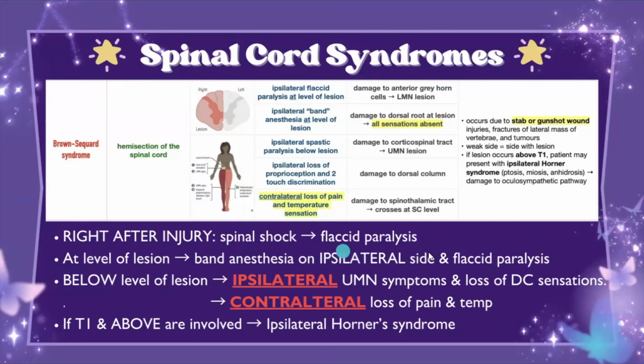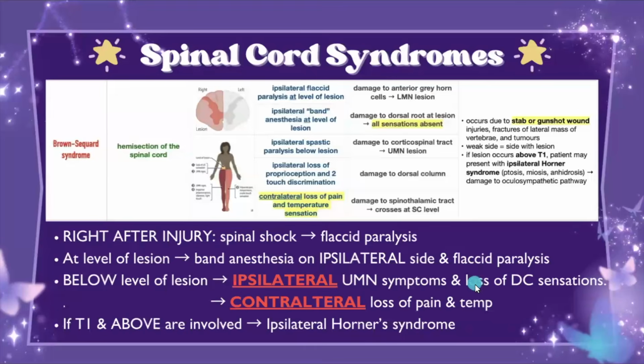Okay, so everything ipsilateral. Now, moving to the part that is below the level of the lesion, you would have ipsilateral spastic paralysis, so we're talking about the upper motor neuron symptoms. You would have ipsilateral spastic paralysis, hyperreflexia, and positive Babinski sign.